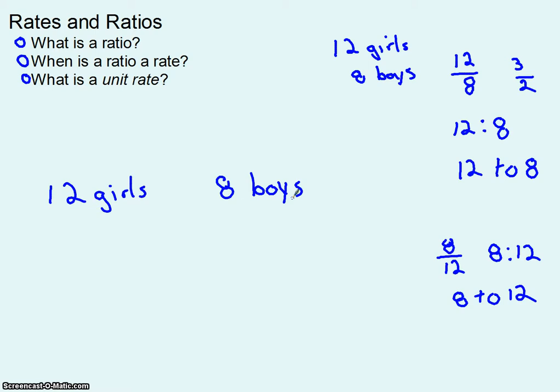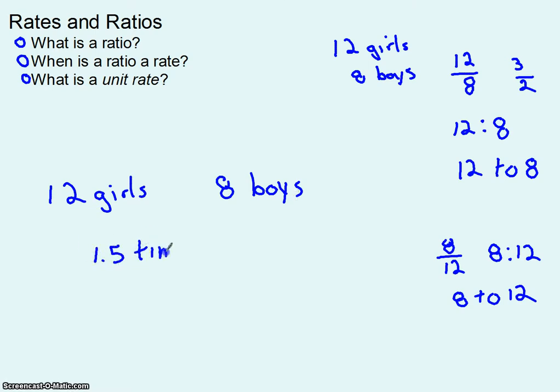But what I'm really meaning is, how would you say these two numbers compare? Very often they'll say, well, there's more girls than boys, and I'll ask, well, by how much? Some people will say there's like 1.5 times as many girls, and other people will say there's 4 more girls, and both of those are correct.